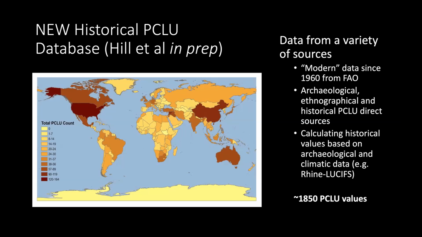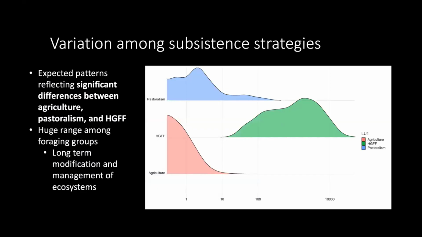So we have in this new database something like 1,800 PCLU values, and this is a map showing the distribution of them. We get a reasonably nice coverage across the globe, and a reasonable pattern through time.